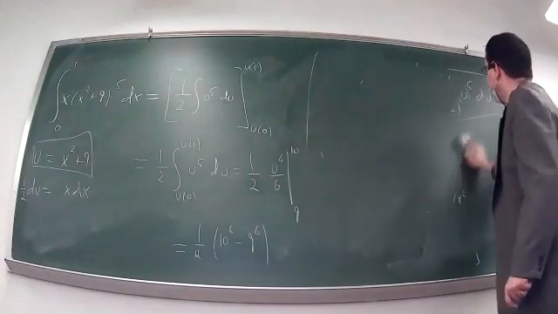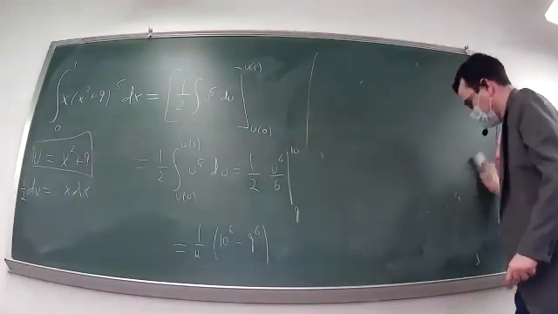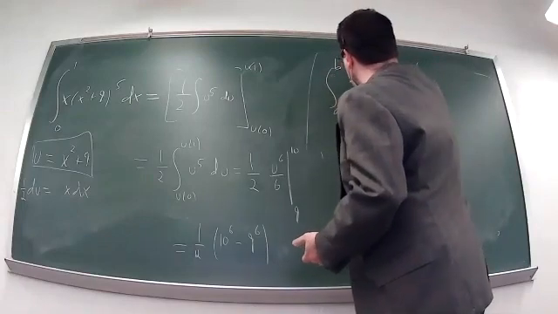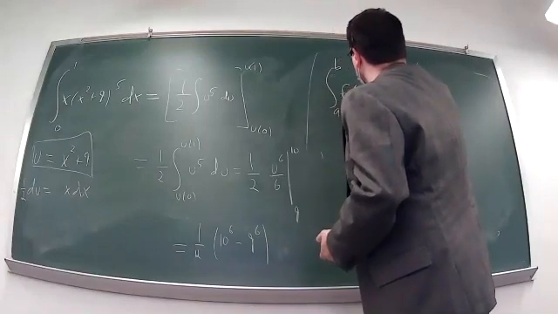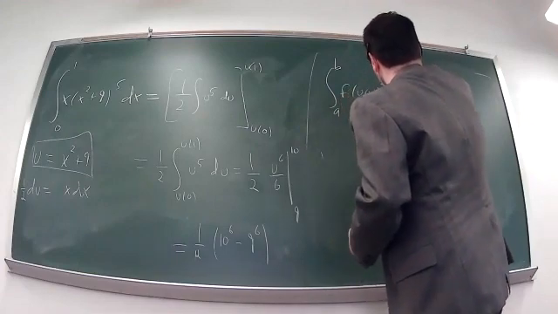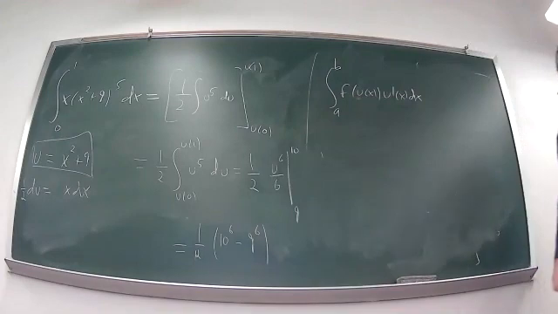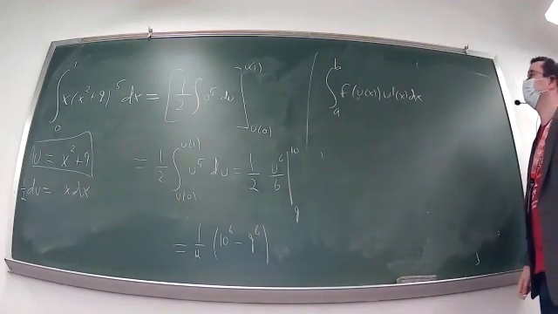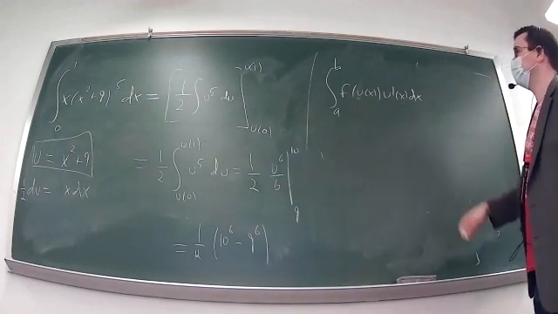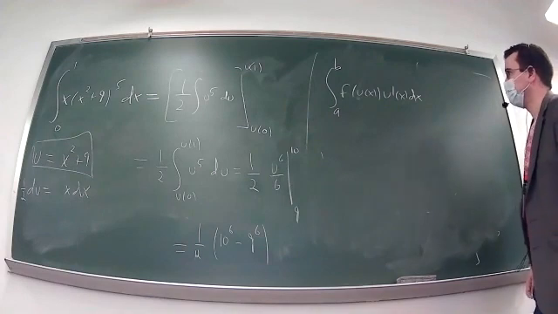And this is completely general. If you're doing a definite integral from a to b of f of u of x times u prime of x dx, all you have to do is find an antiderivative and evaluate that from a to b.